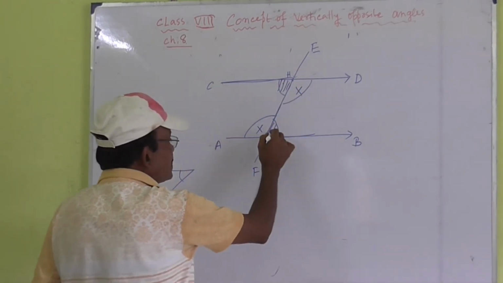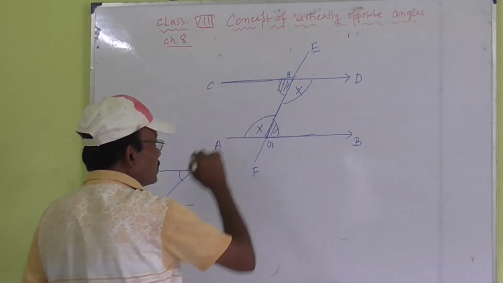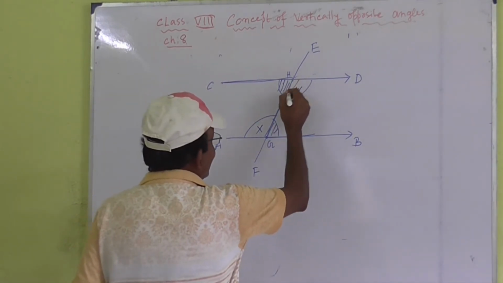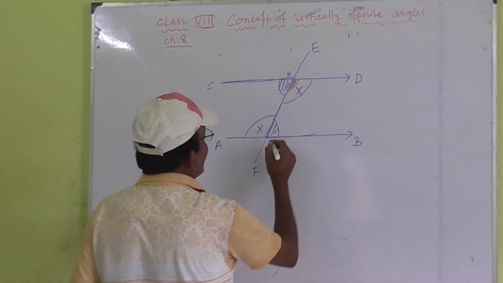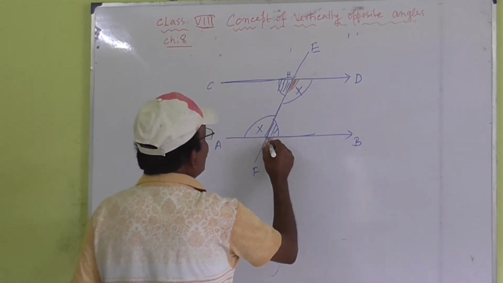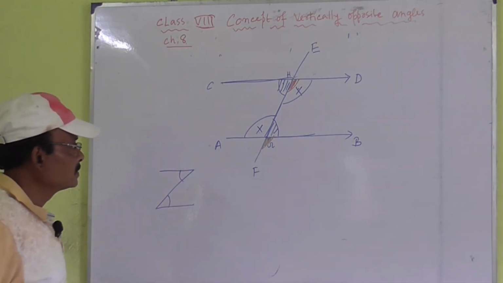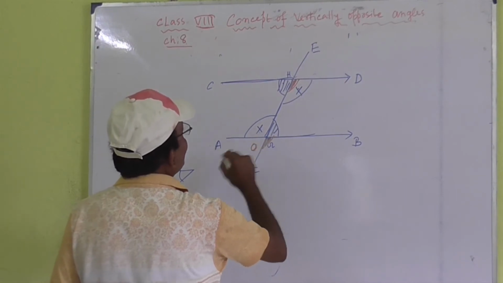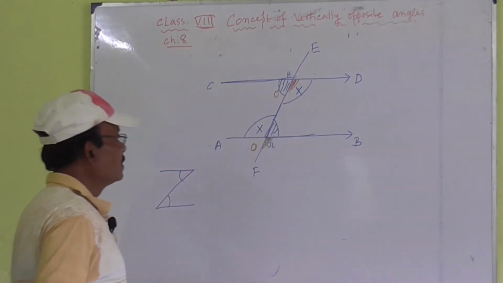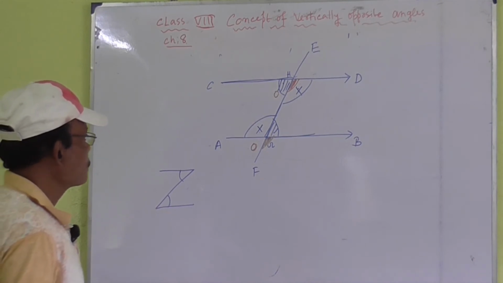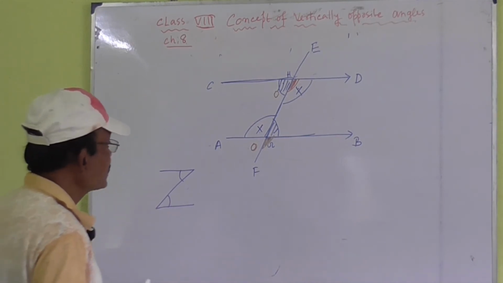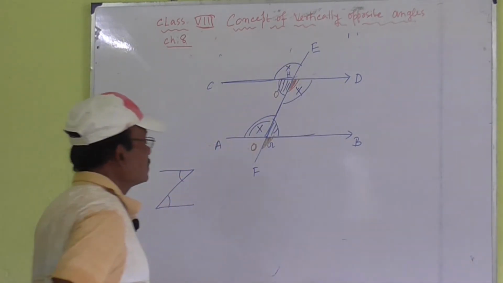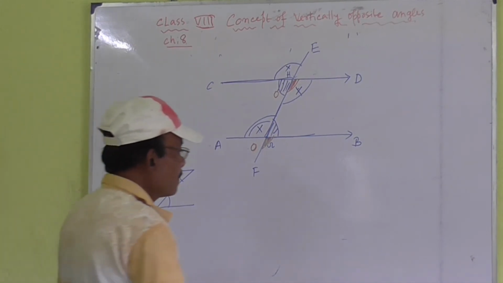So, this angle and this angle are alternate, this angle and this angle are alternate. Next, this angle and this angle are corresponding angles. Clear? This angle and this angle are corresponding angles. This angle and this angle are corresponding angles.